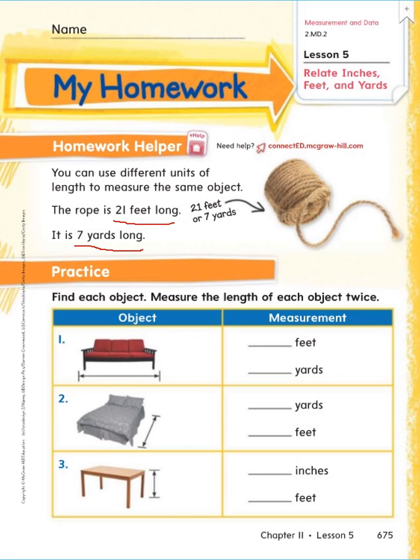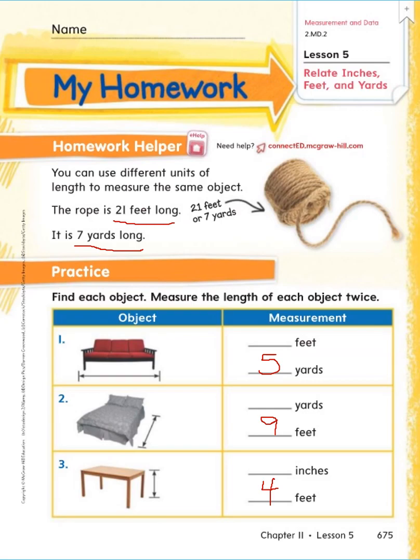So, for the sofa that we see here in number 1, I'm going to say that it is 5 yards. So you have to figure out how many feet. And for the bed, I'm going to say that it's 9 feet. And for this table here, I'm going to say that it's 4 feet tall.